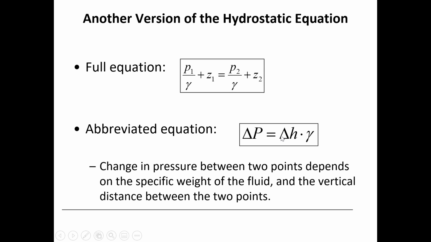Delta H is the vertical deflection between location 1 and location 2, so it's the change in Z between 1 and 2. We're just saying delta H is the vertical component of how far apart they are. So delta H is not the inclined distance. Delta H is just the vertical distance between these 2 points. Okay?